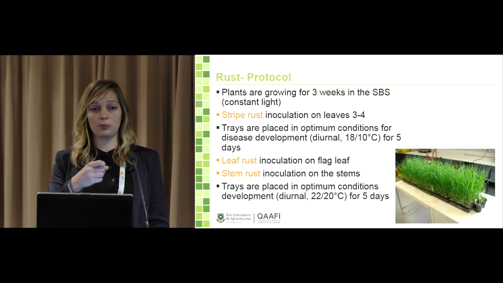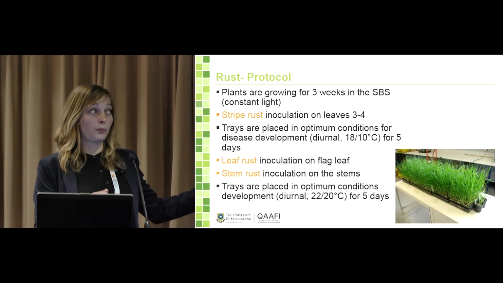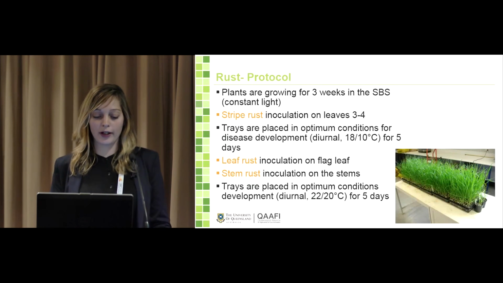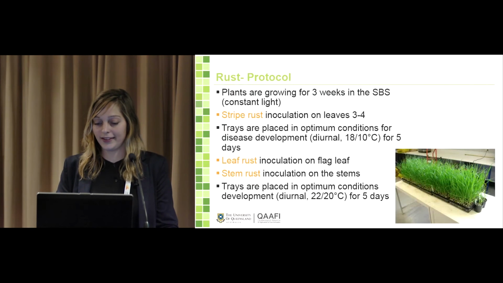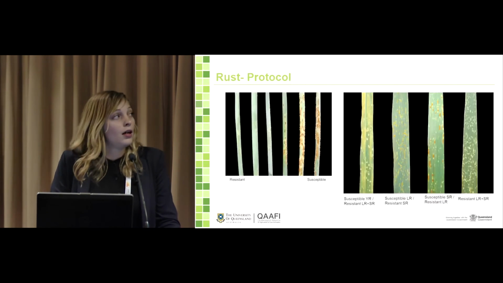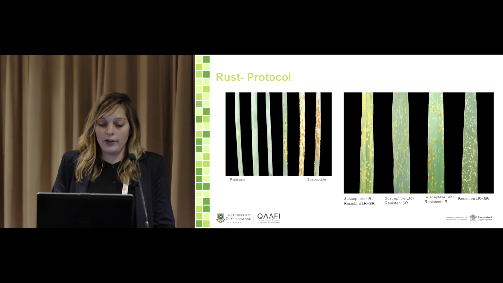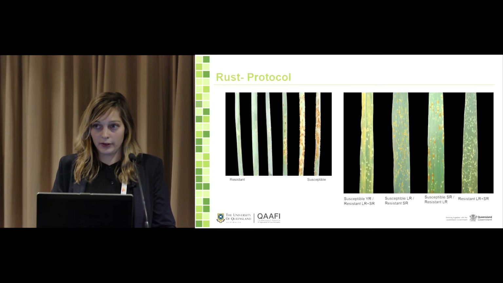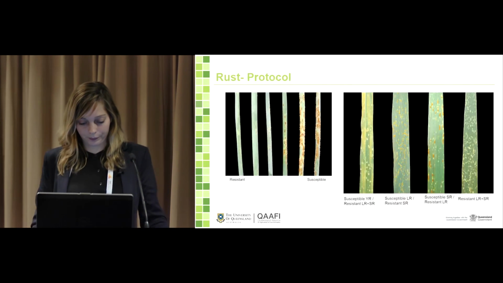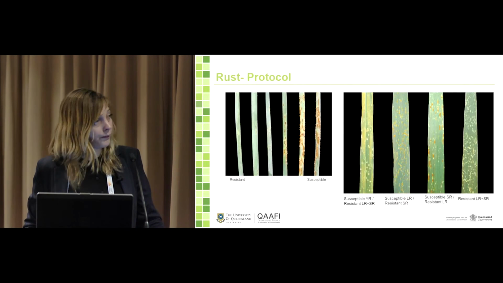So basically, we spray the leaf, and then we spray the stem. And then the trays are placed back in optimum conditions for the development of the disease. So that's the scale that we developed to assess stem rust and leaf rust and stripe rust.